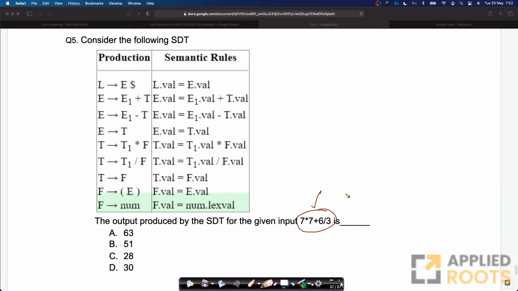Okay, most of you got it right, which is good. Again, most of compiler design is easy. It's just lengthy sometimes, that's all.